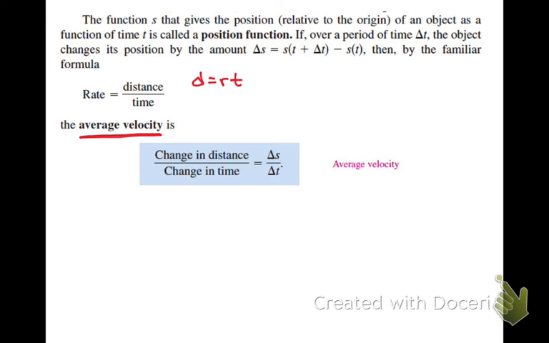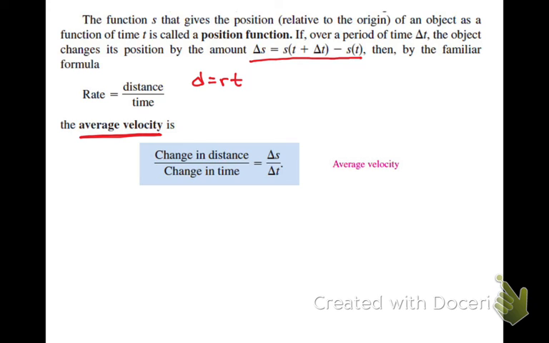Okay, the function s that gives the position relative to the origin of an object as a function of time is called the position function. So this right here is a position function. Over a period of time, delta t, the object changes position.